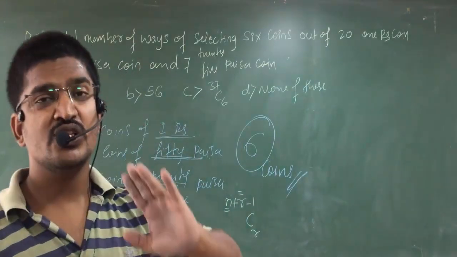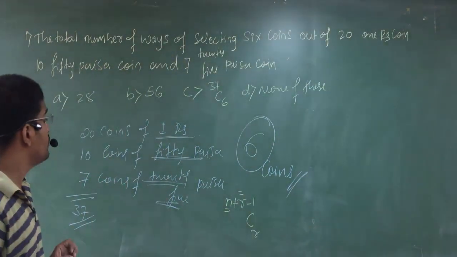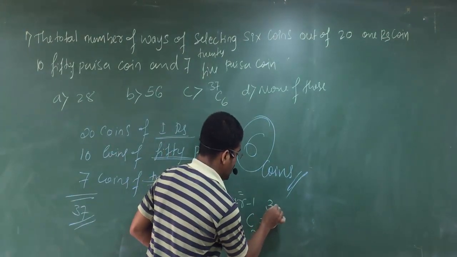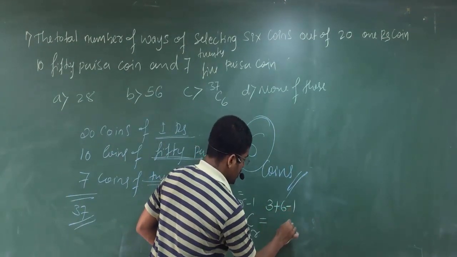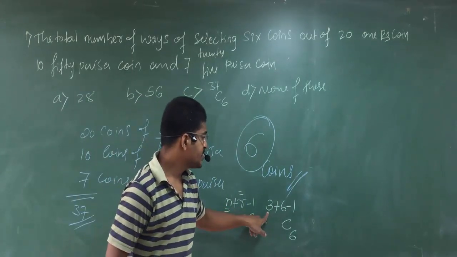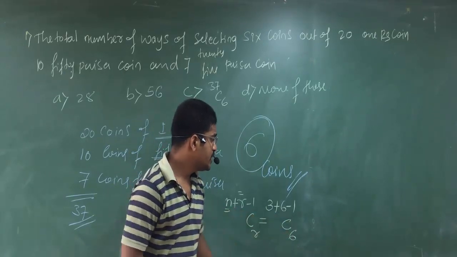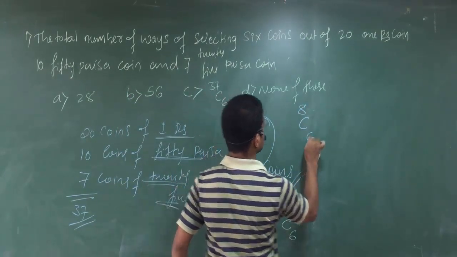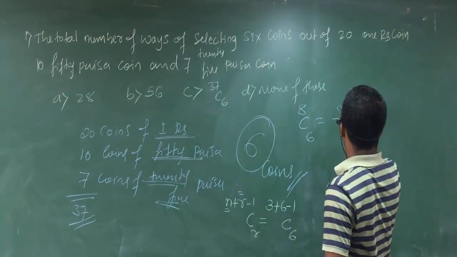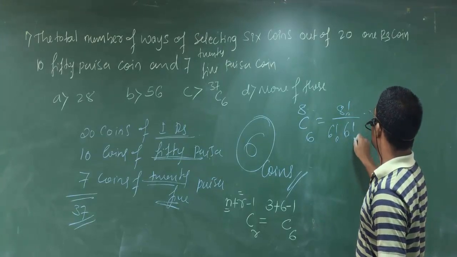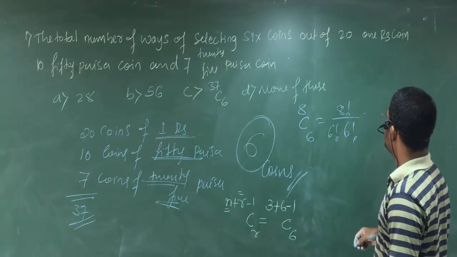Clear, students? Understanding the concept is very, very important. So here, n will be 3 plus 6 minus 1, C6. 6 plus 3 is 9, 9 minus 1 is 8. So that will be 8C6, which is 8 factorial divided by 6 factorial into 8 minus 6, 2 factorial. 6 factorial cancels.